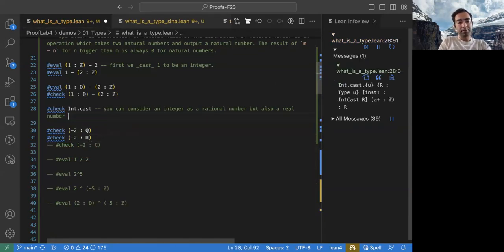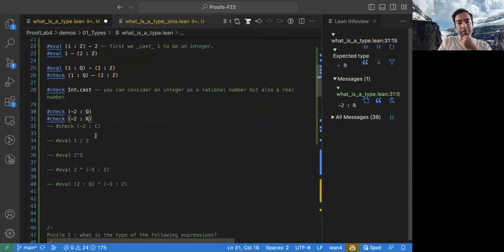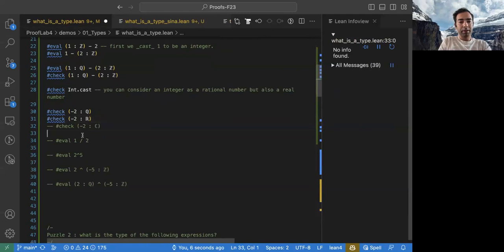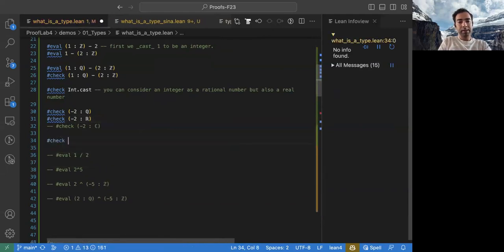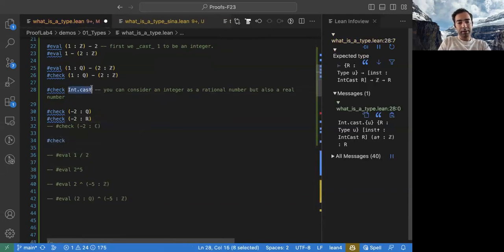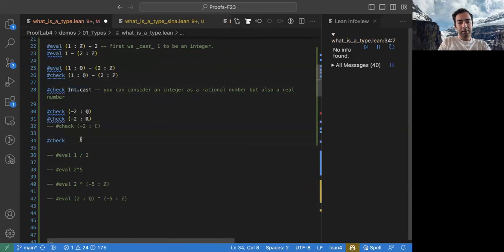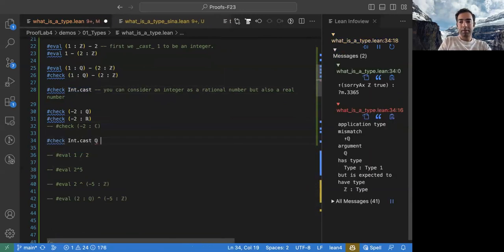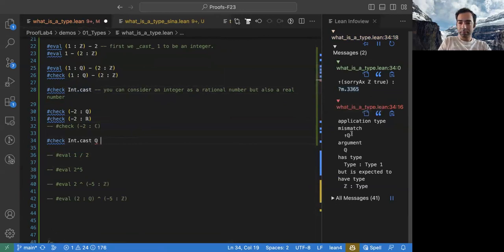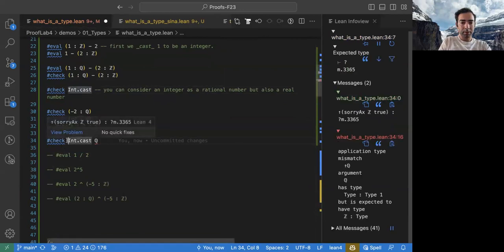So, okay, we have at least 2 castings here, right? And if I do the casting for Q, it's int cast Q, right? Okay, I'm getting a problem there. Or maybe I need some add here.